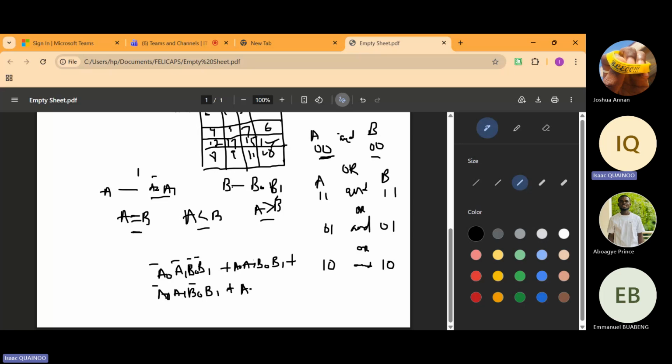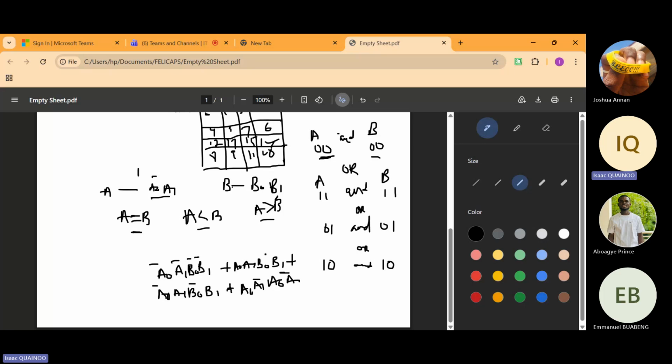Okay, so we have A0, A1 prime, and then we have A0, A1 prime, right? This is the case, right?